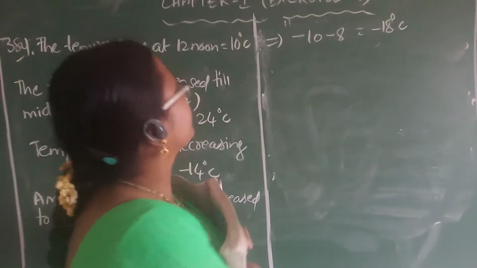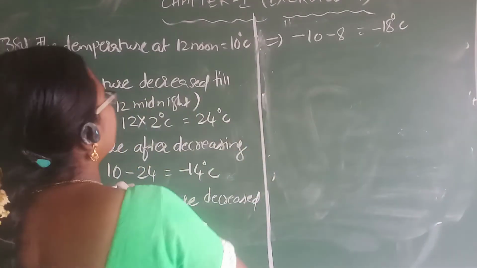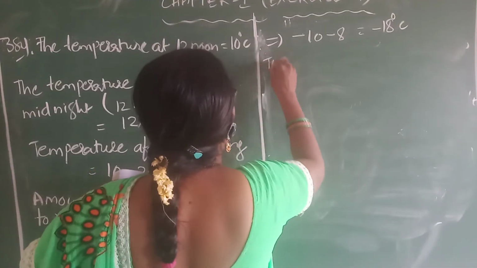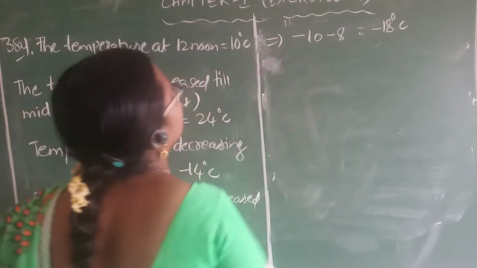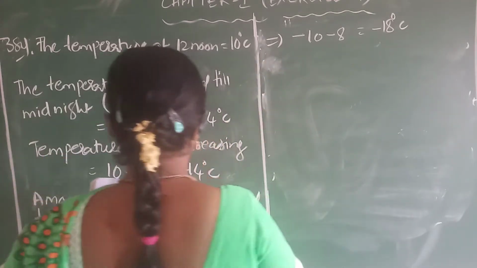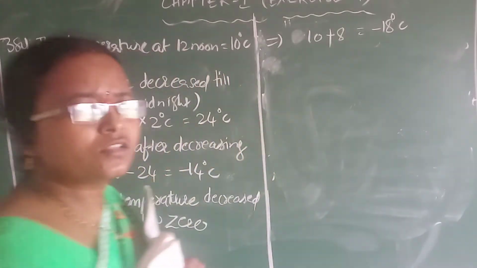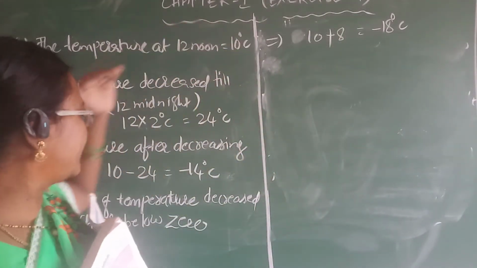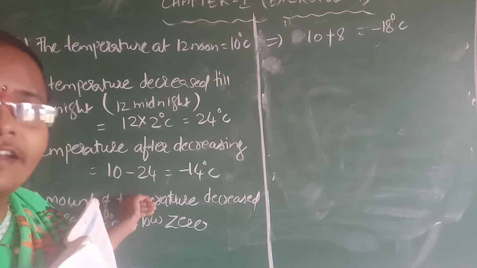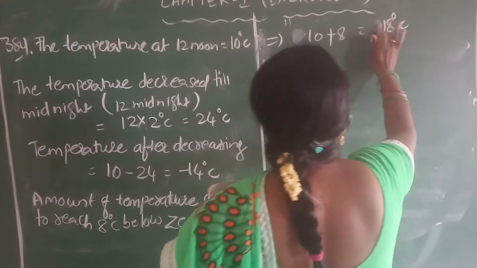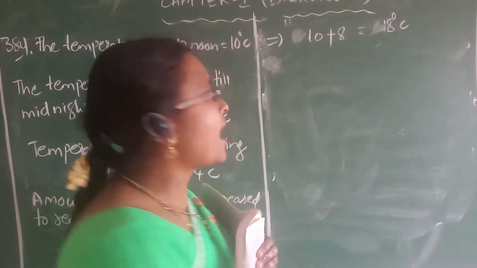Or we can also take 10 plus 8. So it is 10 degrees centigrade here decreased and 8 degrees centigrade has reached. So totally 18 degrees centigrade has decreased.